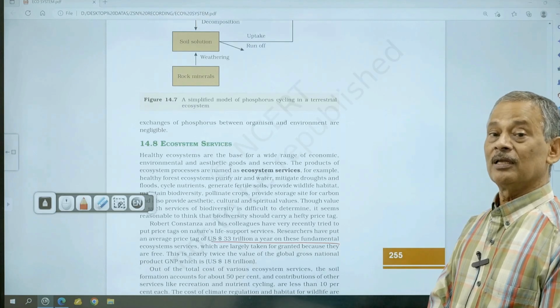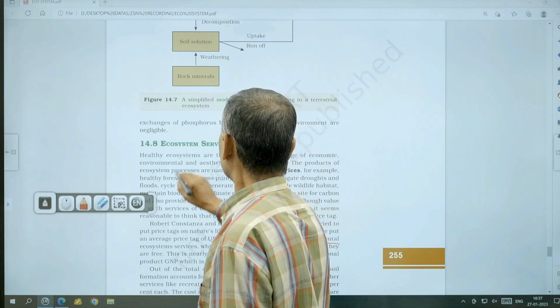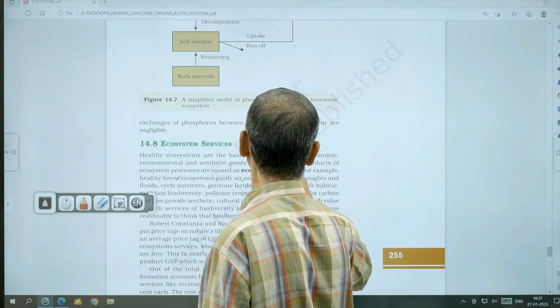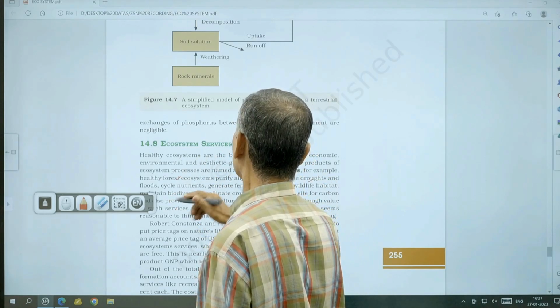What are the services it is giving? See, we are having a forest ecosystem, purifying air and water, mitigating, that is controlling drought and flood.